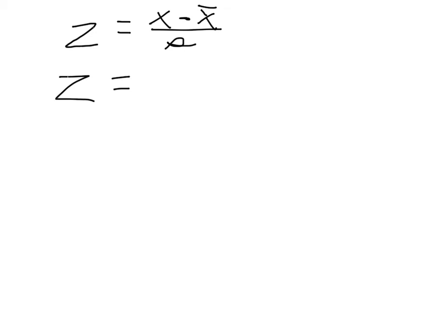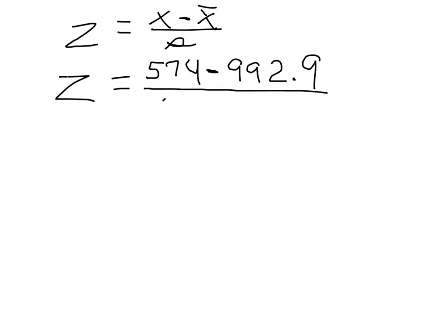So the next thing we have is the z-score, and that's (x minus x bar) over S. So this is actually a pretty straightforward formula. The x is just the number value in the question. So in this particular case, x is 574. You subtract out the x bar, which you are given, so that's 992.9, all over S of 408.6.